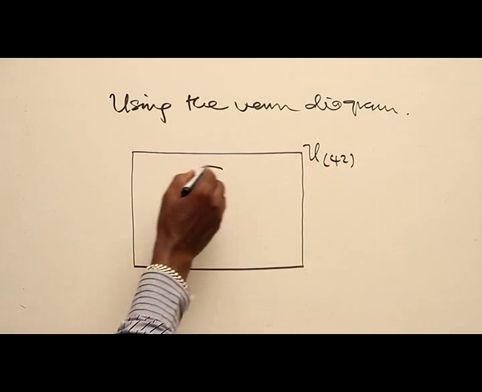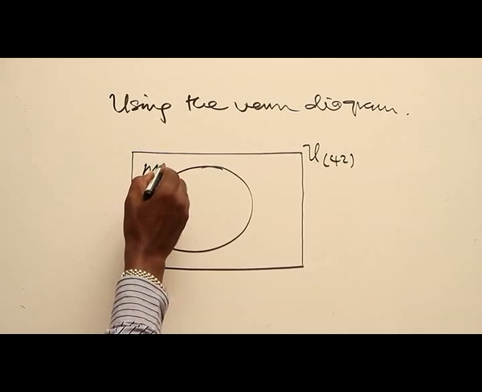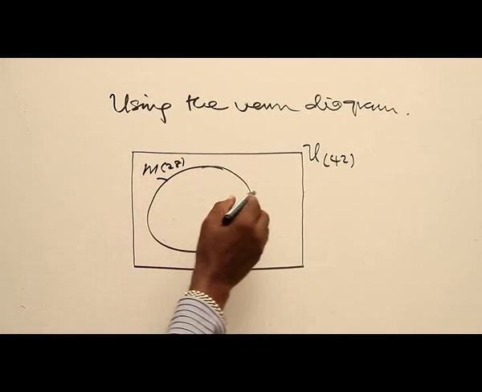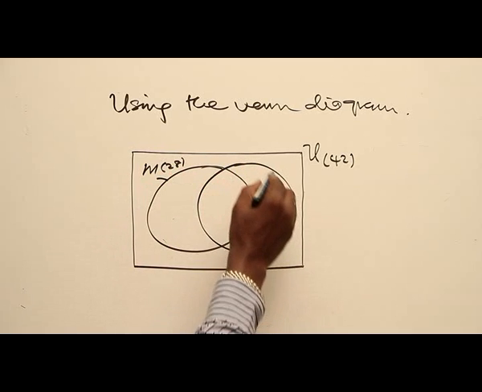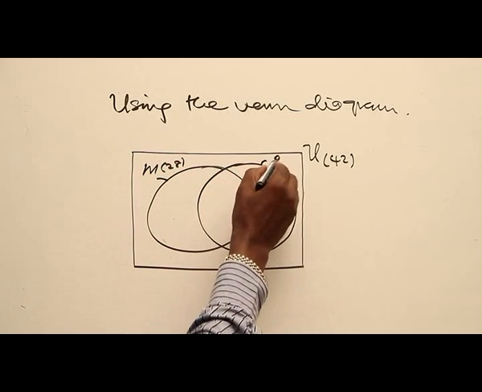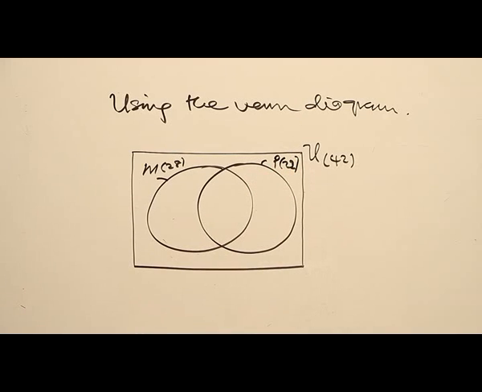Then thereafter you have mathematics, and they are 28. We have physics, and they are 22. Now let's call the intersection S.